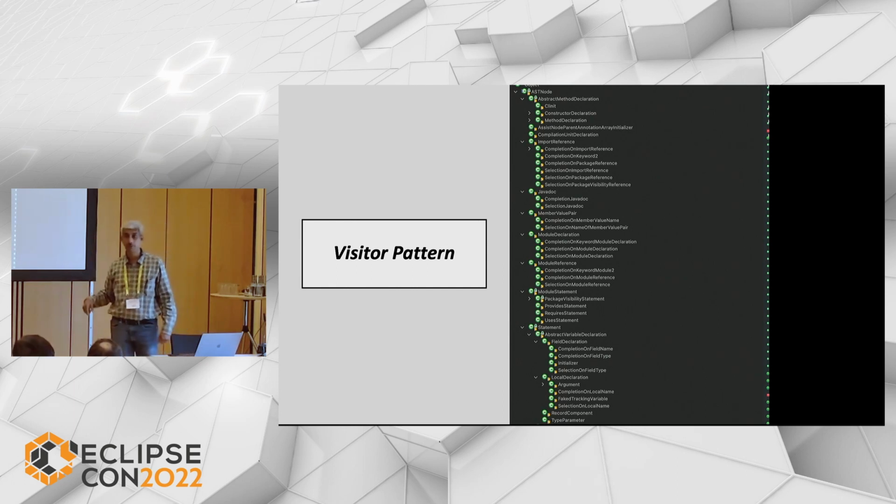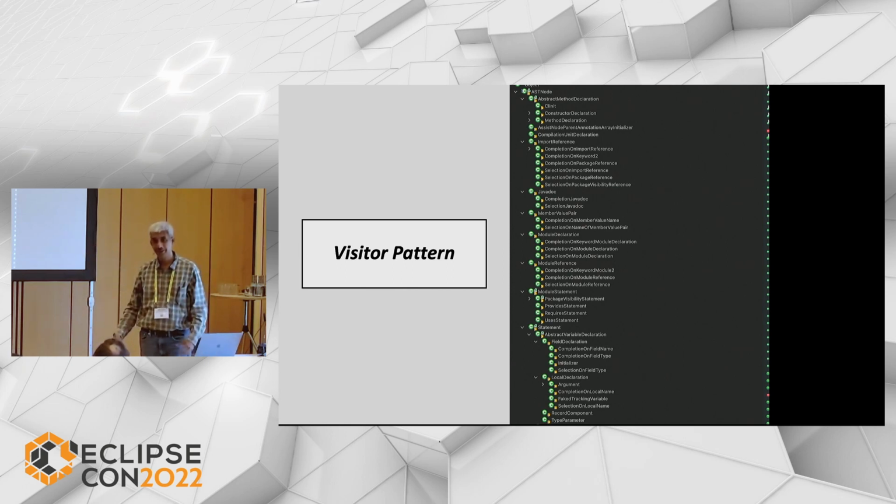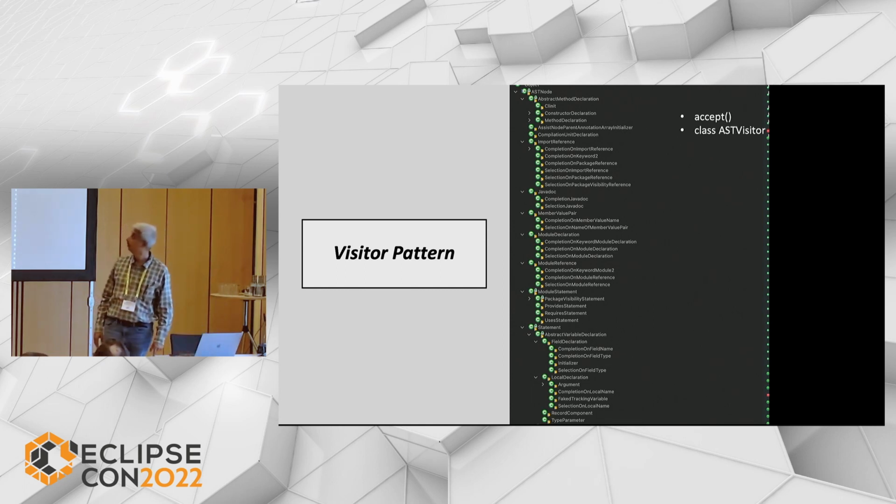Have any of you used the visitor pattern? Oh yeah, actually I am also. And what you see is our code: we have so many AST nodes. This is how any compiler works. We take the source code, make it into a tree, with so many abstract syntax nodes. And how do we do the visitor pattern? There are multiple ways. One, of course, is using accept.